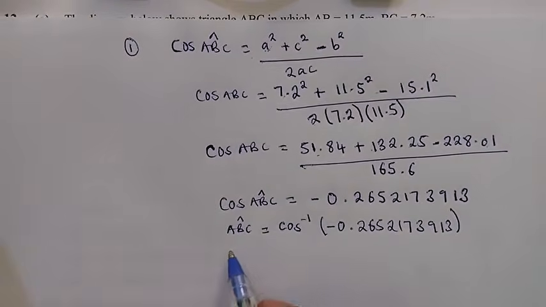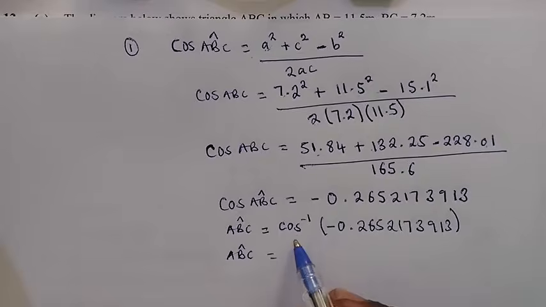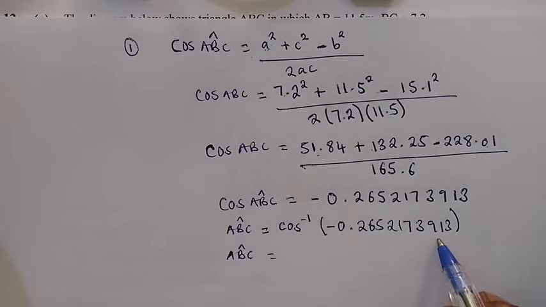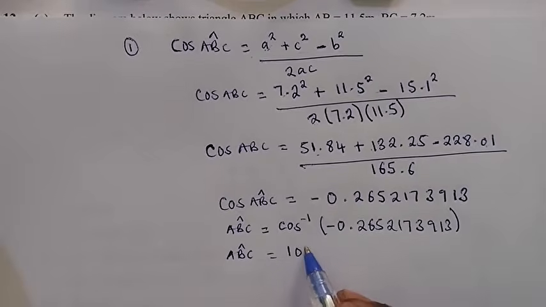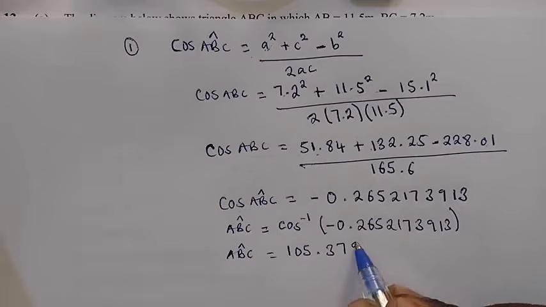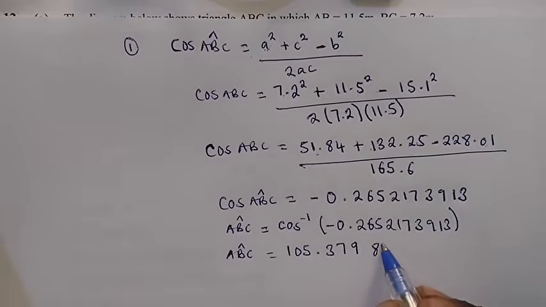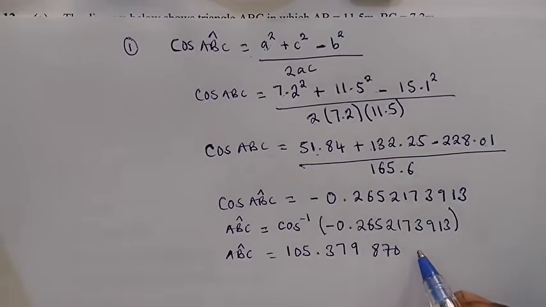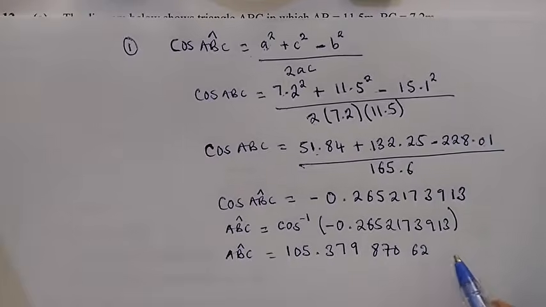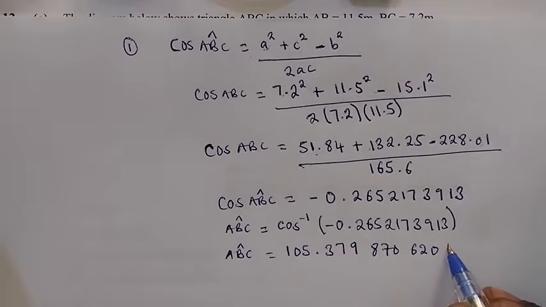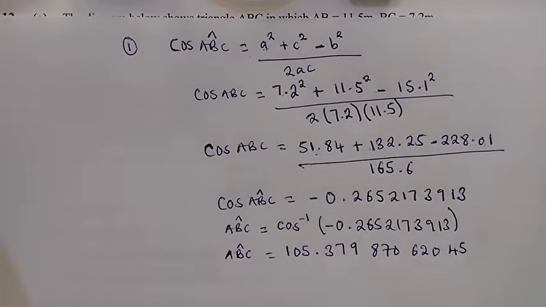So angle ABC is equal to the cos inverse of this, to give us 105.379. Make sure that you punch on your calculator so that you get the correct figure. I might make a mistake as I'm punching on my calculator.